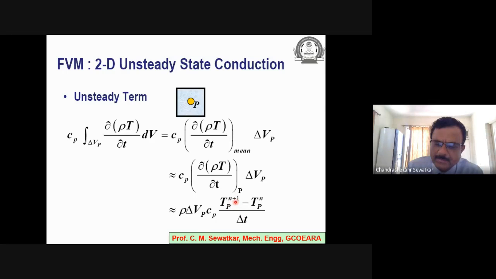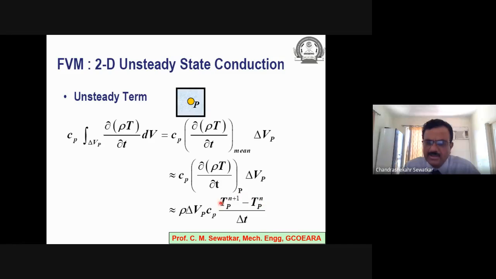What is Tp at n plus 1 level? n represents a time instant. So if n represents the first time instant, this is my second time instant. Or if n represents the current time instant, n plus 1 is the next time instant. Or if n plus 1 represents the current time instant, n represents the previous time instant.